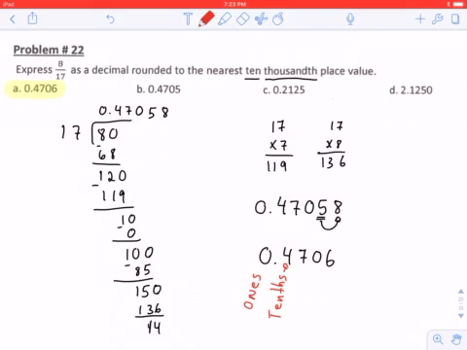And after that, we have the hundredths. And then the thousandths. And then the 10 thousandths. Keep in mind your place values in order to solve this problem.